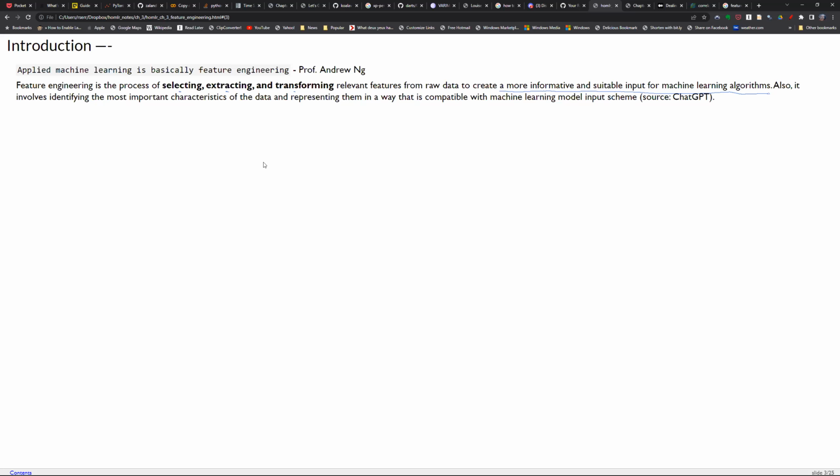In other words, from data that we collected from one source or different sources, but that is still unrefined, that raw data. So we're going to select, extract, and transform to create a more informative and suitable input for machine learning algorithms.